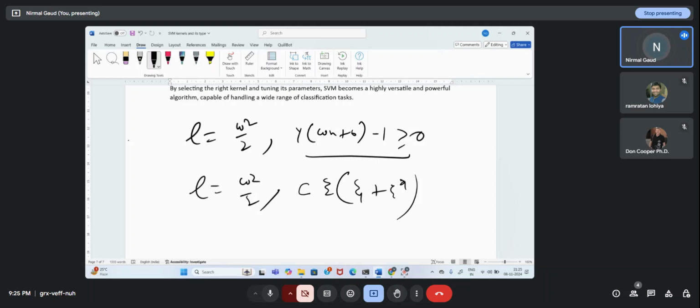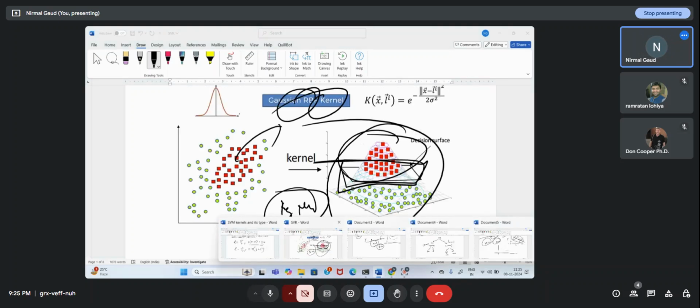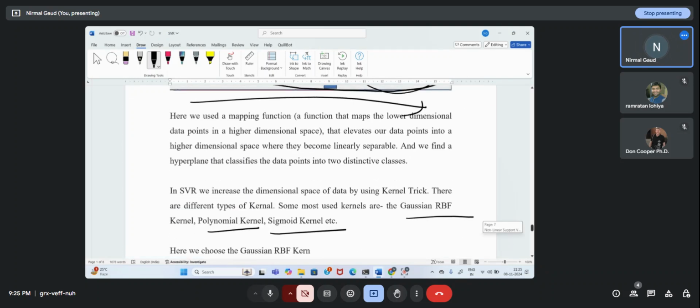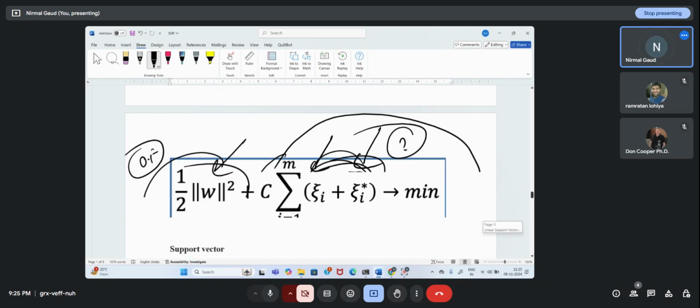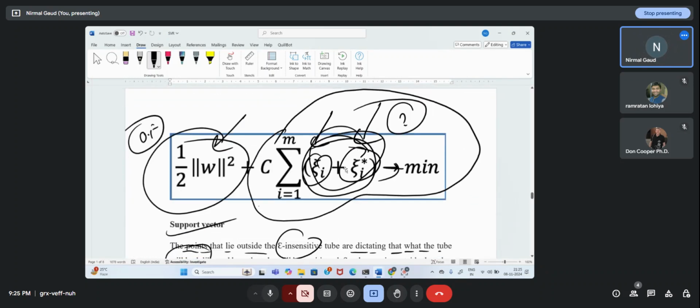This is the constraint equation for regression, for SVR.